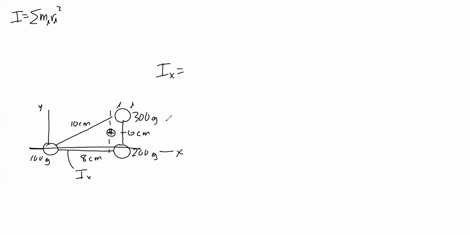So the moment of inertia Ix should just be 100 times 0 plus 200 times 0 plus 300 times 6 squared. This is 300 grams times 6 centimeters squared. 6 squared is 36. 36 times 3, well, that's just like 12 times 9, which is 108. So you get 10,800 gram square centimeters.